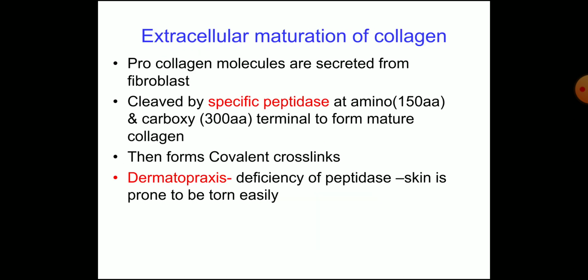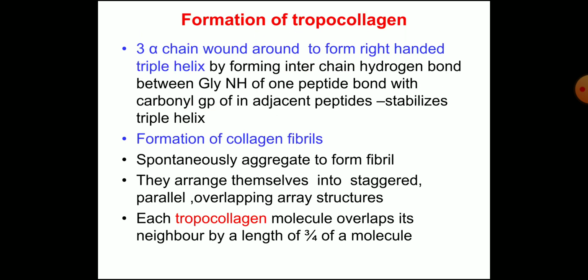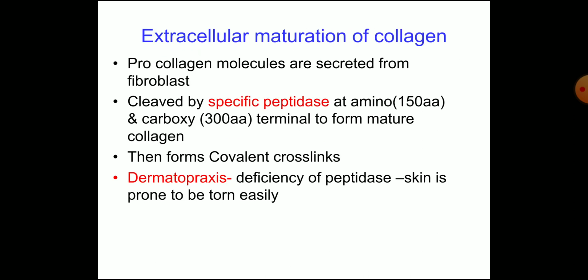So extracellular maturation occurs. Procollagen molecules are secreted from the fibroblast that we have seen in the previous diagram. It is secreted, and then it is cleaved by specific peptidases. There are specific peptidases: at the amino terminal 150 amino acids, and at the carboxy terminal 300 amino acids, are removed to form the mature collagen fibril.